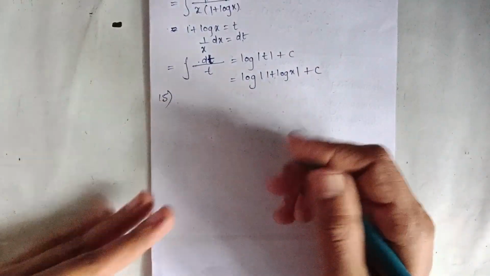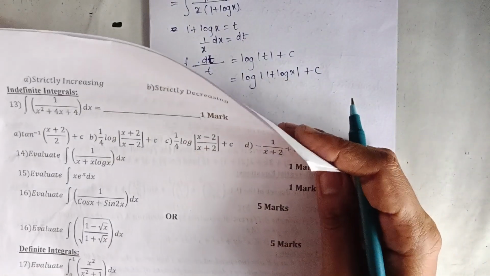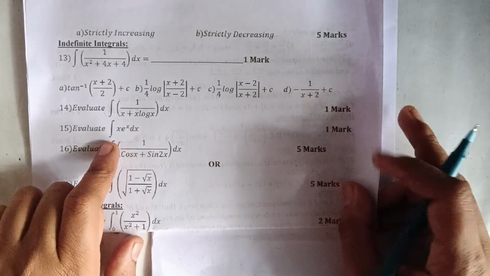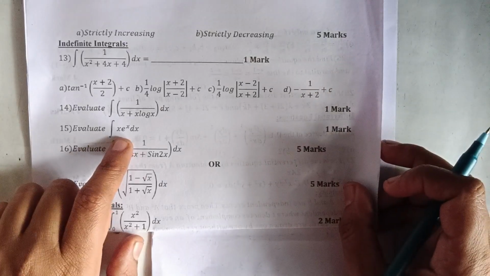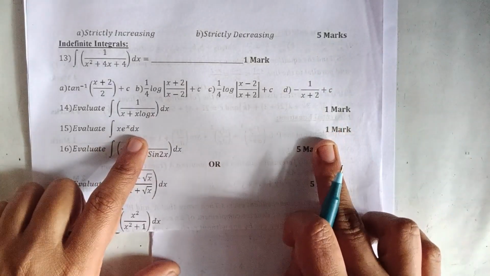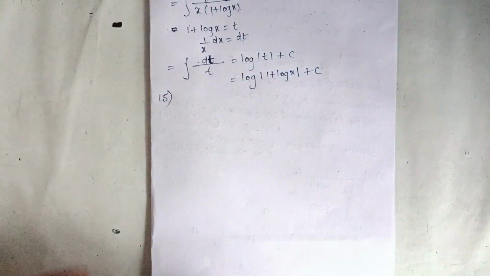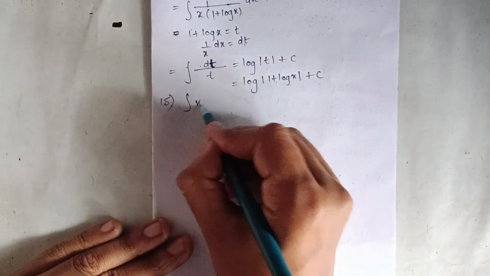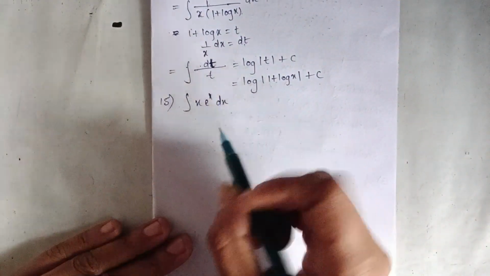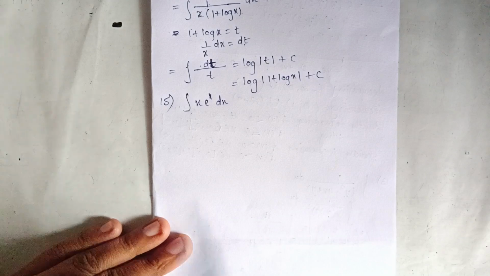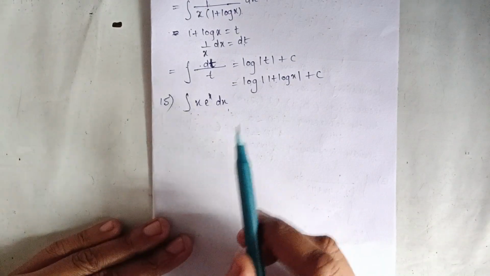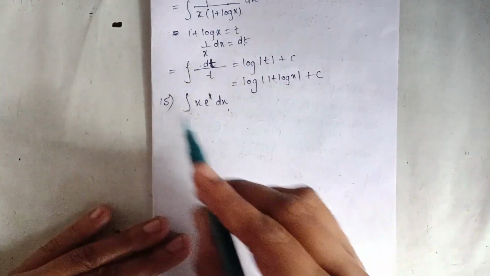Next question, question 15. How to evaluate integral x e raised to x dx. These are just 1 mark questions, okay? Integral x e raised to x dx. So looking at this question only, you'll understand that this is from integration by parts, okay?